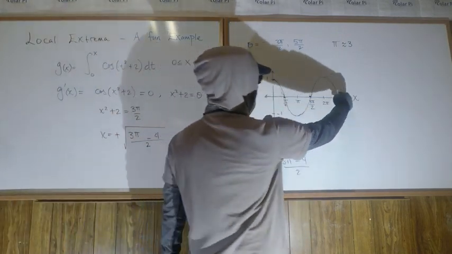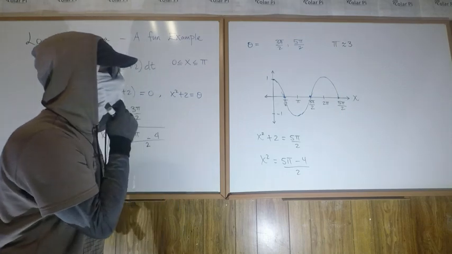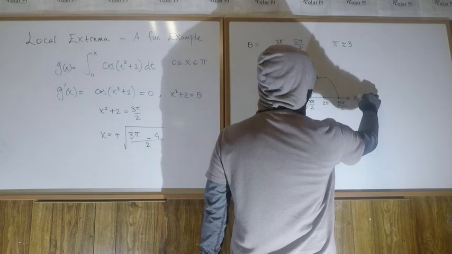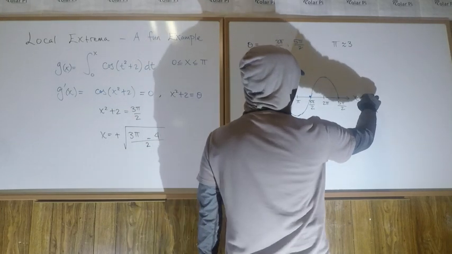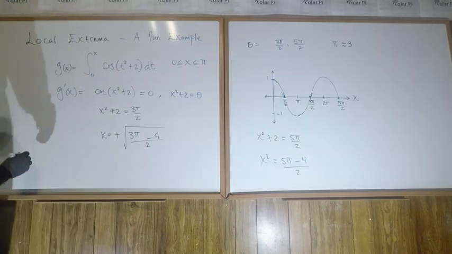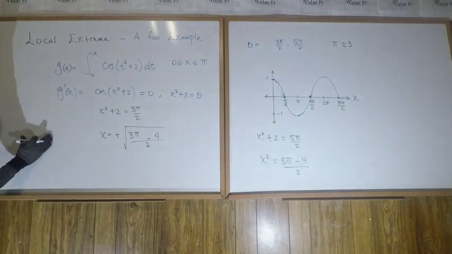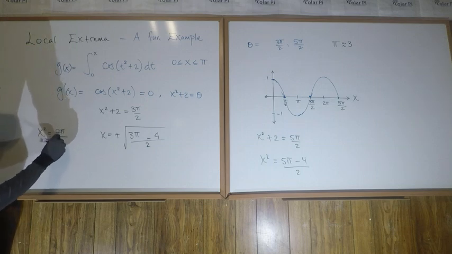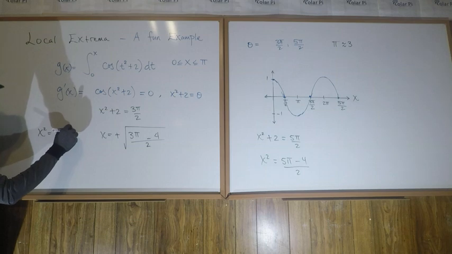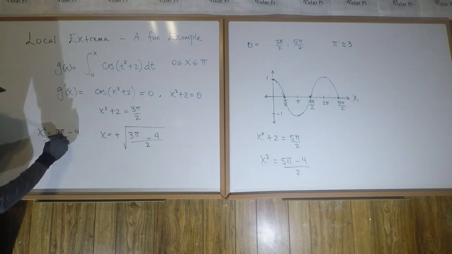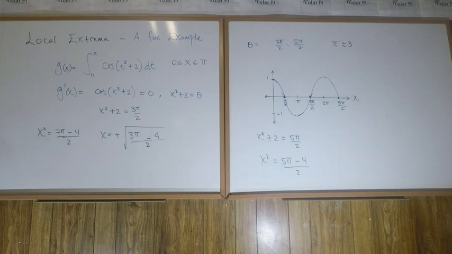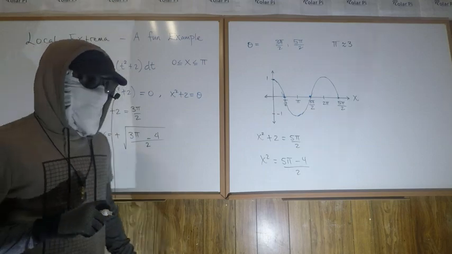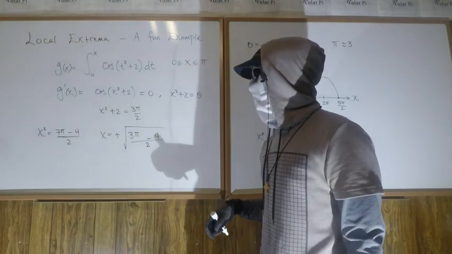Okay, when is the next time cosine will be equal to 0? That will be 5 pi over 2, and then we skip 1, which is 6 pi over 2, so that's 3 pi, and then 7 pi over 2. So if we use 7 pi over 2, we have x squared is equal to 7 pi over 2 minus 2, so that's 7 pi minus 4 all over 2. 7 pi is about 21. 21 minus 4 is going to be 17.